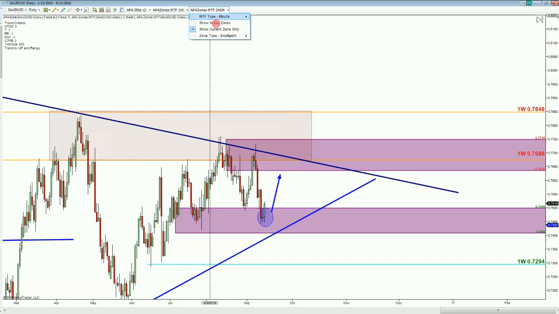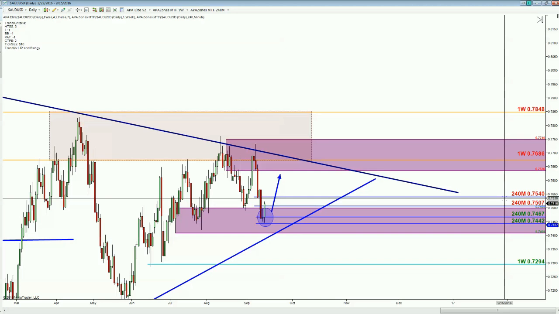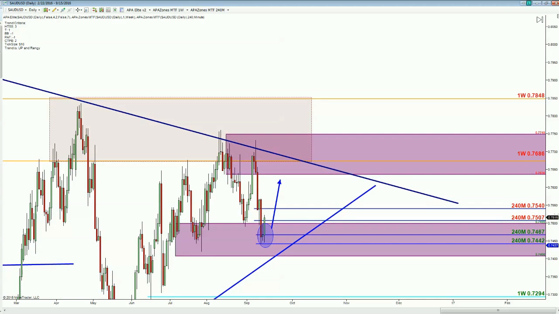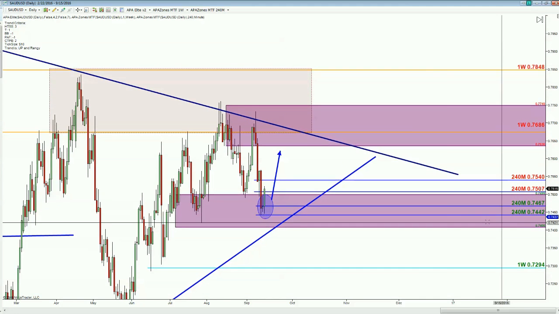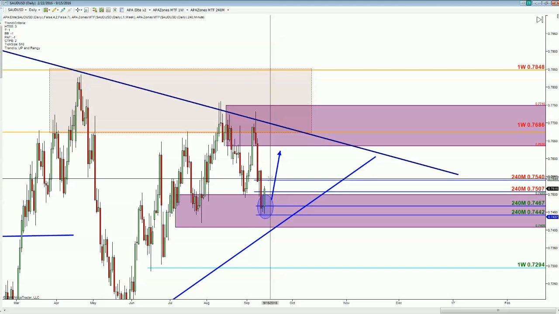Now, as far as support and resistance goes on our smaller time frame, here are the two most recent 4-hour levels. You can see a little bit of resistance that we're coming into right now, as well as the 4-hour demand that's inside of that area down below. So we're coming into a little bit of resistance.